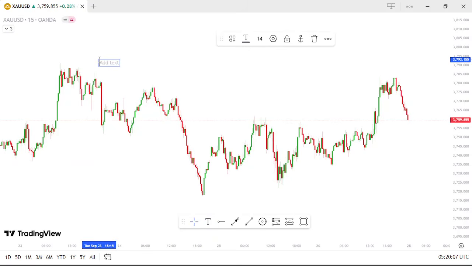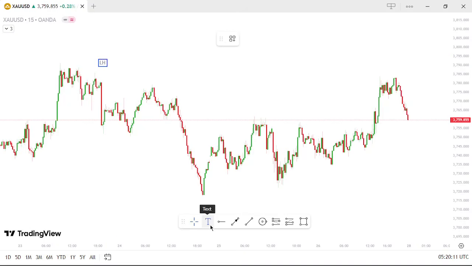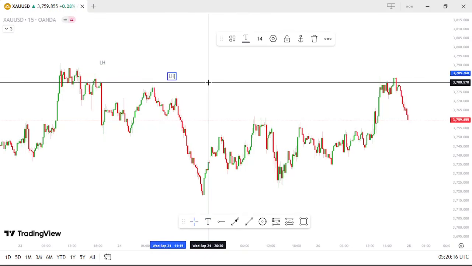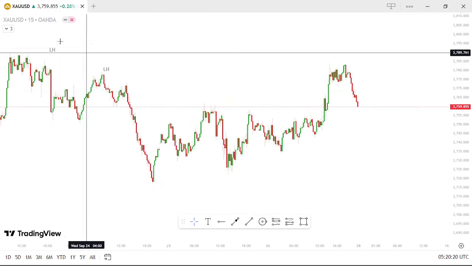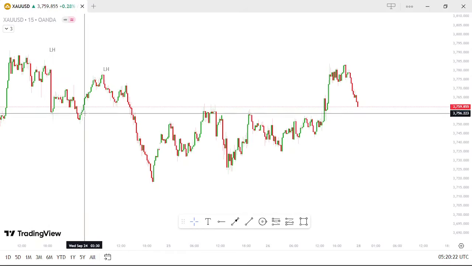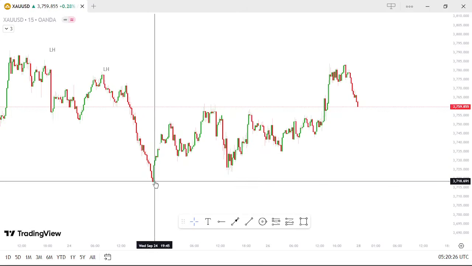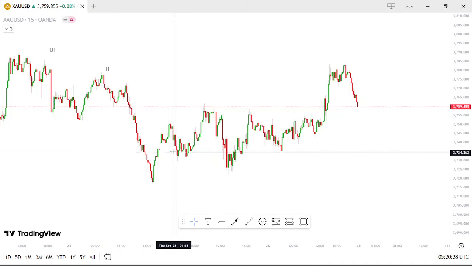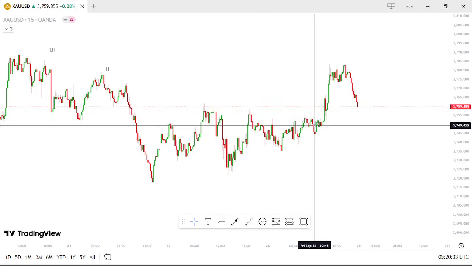So price makes a lower high, makes another lower high here, right? So you have a lower high, lower high, lower high, lower low, lower high, lower low, and then price fails to break these lows under these levels and starts building up that momentum, right?